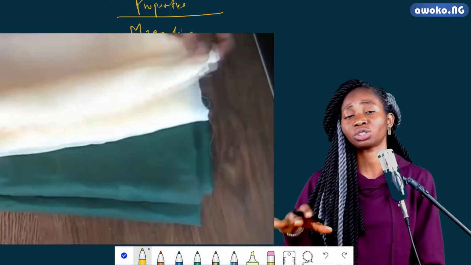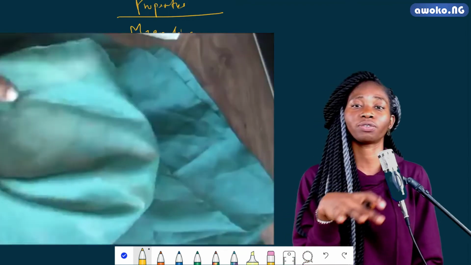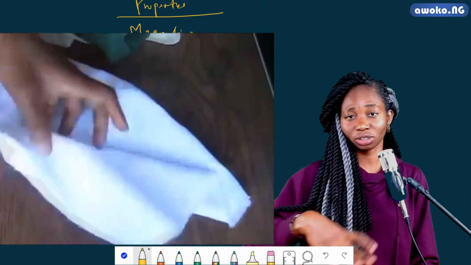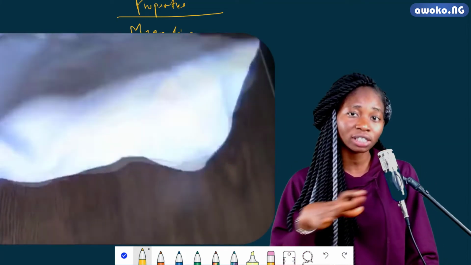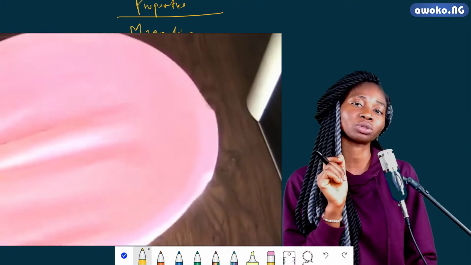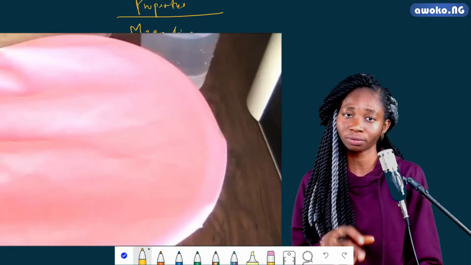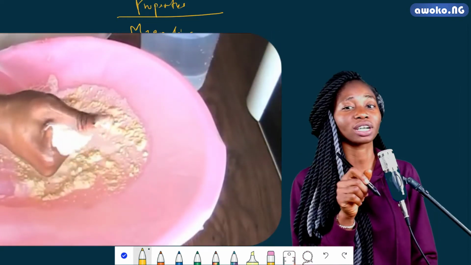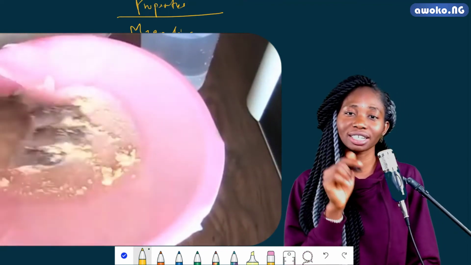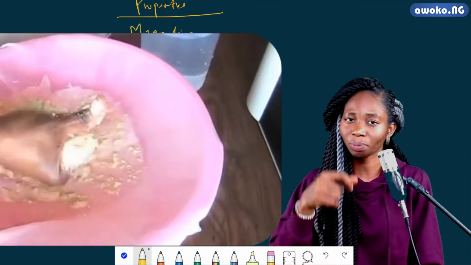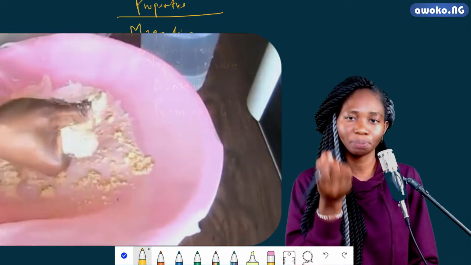Do you remember the traditional sieve that is used for producing pap? There's a particular cloth you see the people who make pap use in sieving the substance from which the pap is to be gotten. Now that particular material is considered to be a porous material. In this case, what actually passes through that material is permeable.